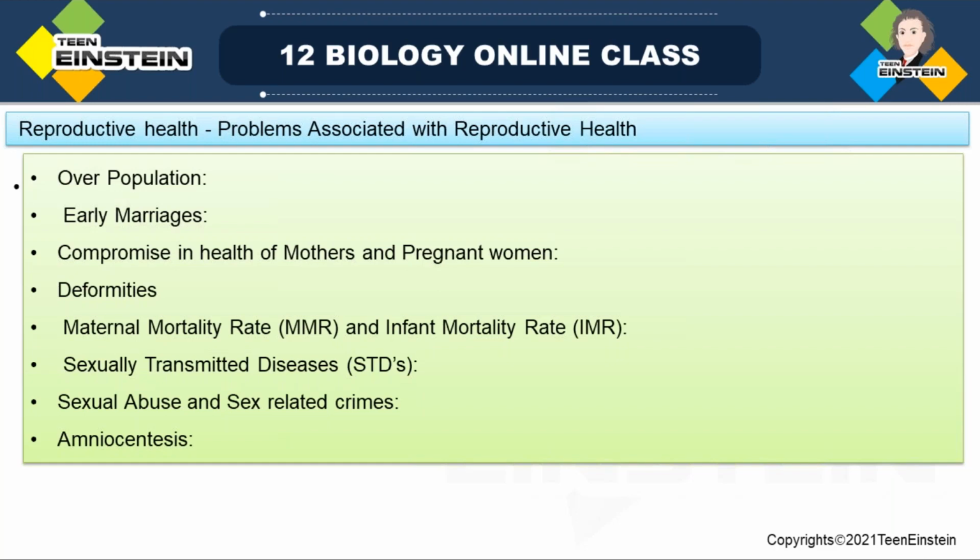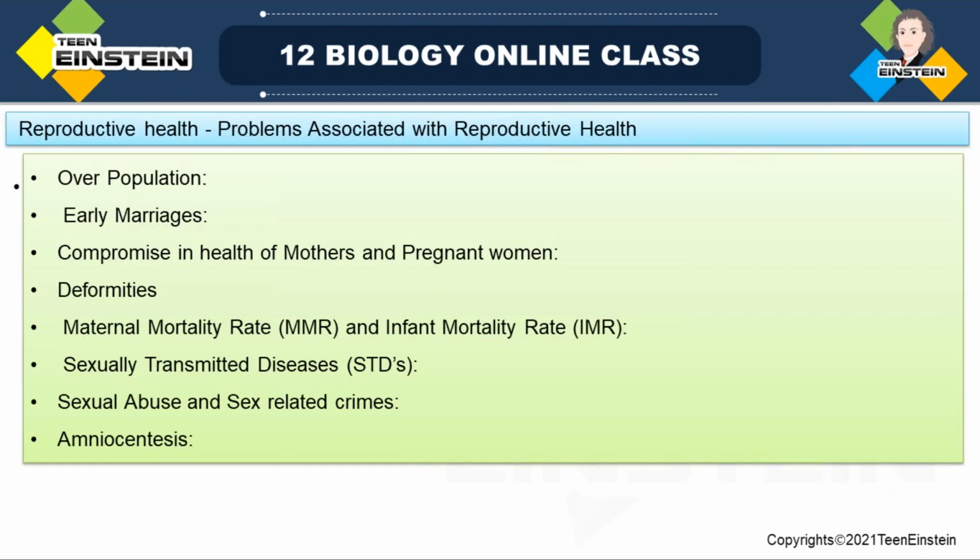See, if a woman who is pregnant is not healthy, that can lead to death. Definitely, it will affect the mother's health and it may lead to death also. And in the same case, infant mortality also may happen. The infant also may die, right?